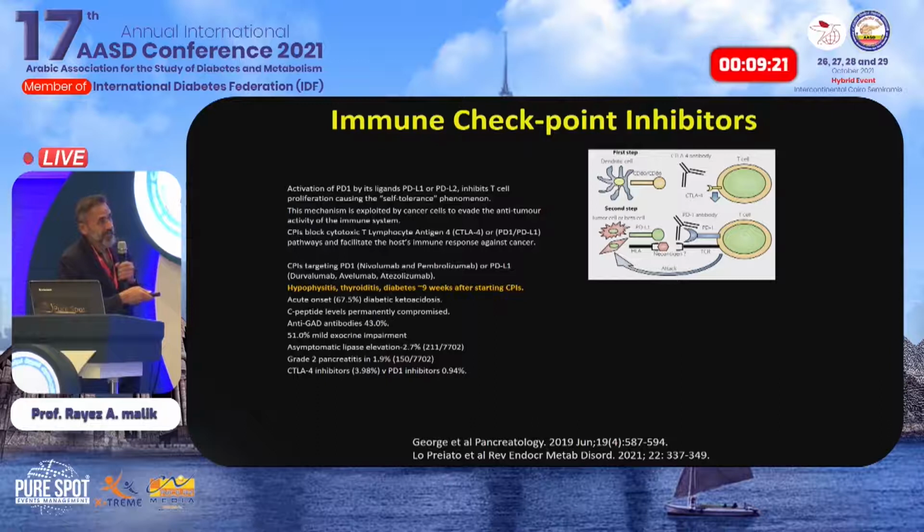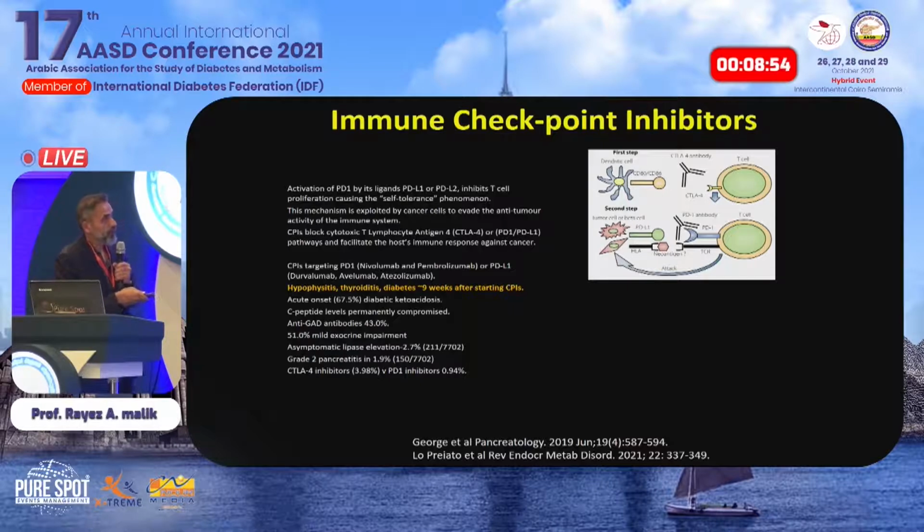So essentially, if you have a T cell, normally it won't attack cancer cells, so there'll be self-tolerance. Now, if you have these new drugs, CTLA-4 antibodies or PDL1 antibodies, they disrupt this, and not only do they allow the death of cancer cells by the T cells, but also, as a side effect, they attack beta cells in a small proportion of patients.